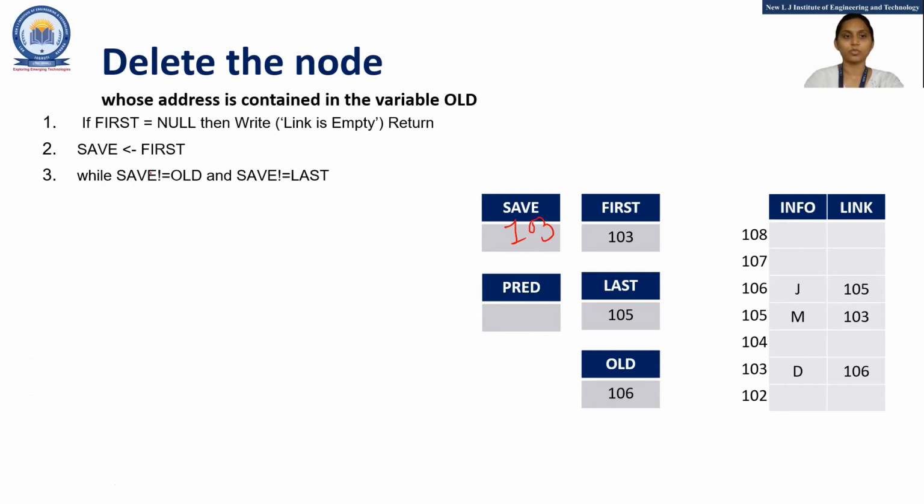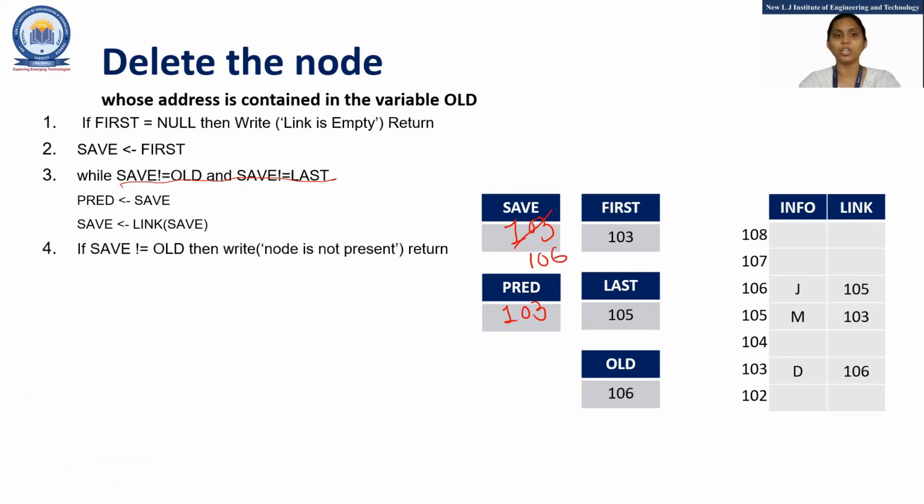So these two conditions need to be checked, and if it is not the case, we want to traverse. For traversing, 103 would be updated in the predecessor pointer, and the save pointer would be updated with the link of save. What is the link of save right now? 106. Yes or no? 103 has link part 106, so it can be modified.